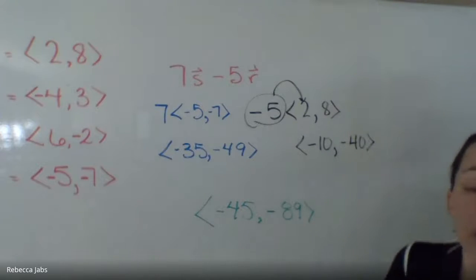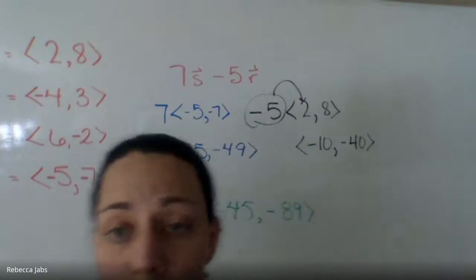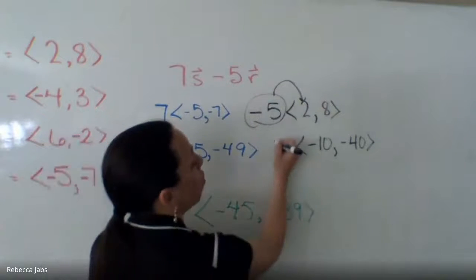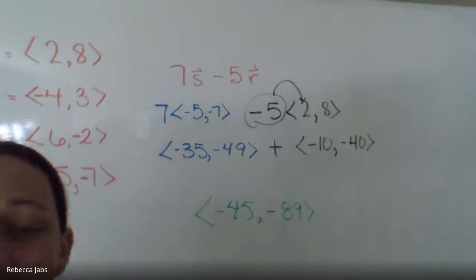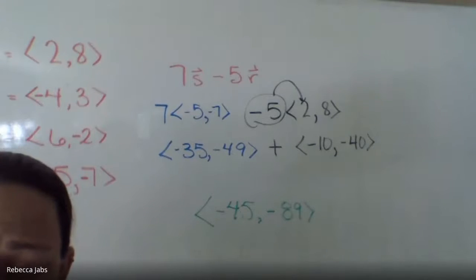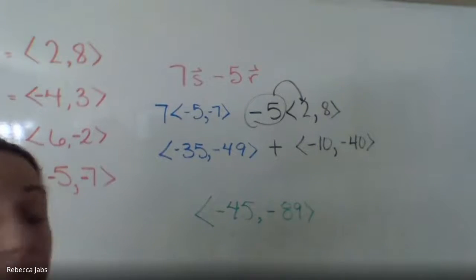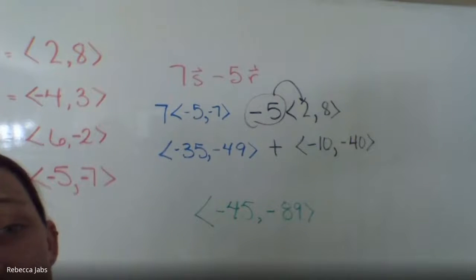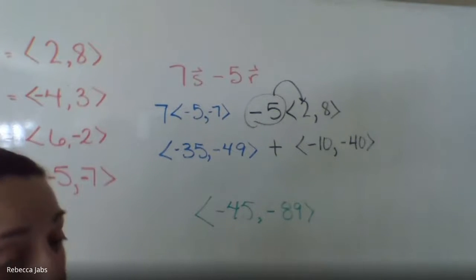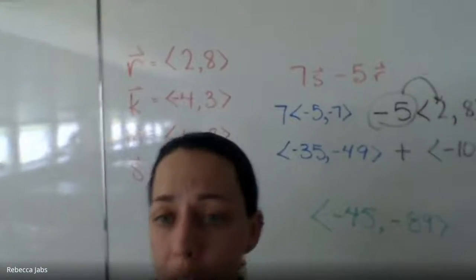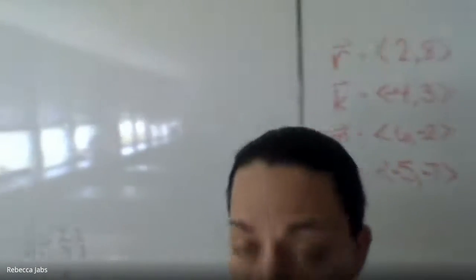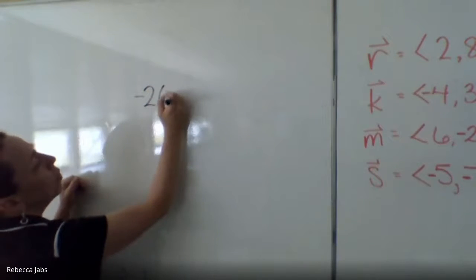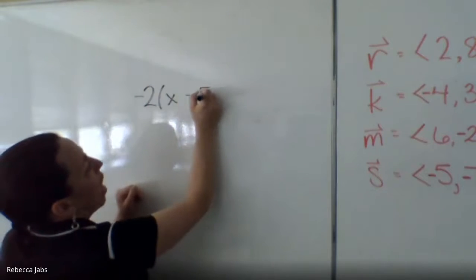But here is the part where some of you are goofing up. Because I have now distributed the negative, there is no sign left over, which means it automatically has become plus. I know that sounds weird, but some of you are still messing that up. Guys, I want to compare it to if I would distribute a negative 2 to an x minus 5.